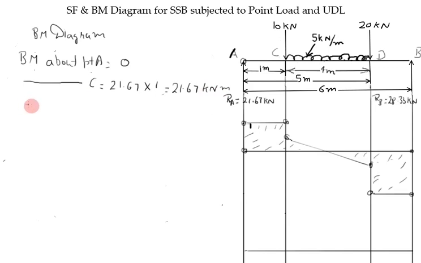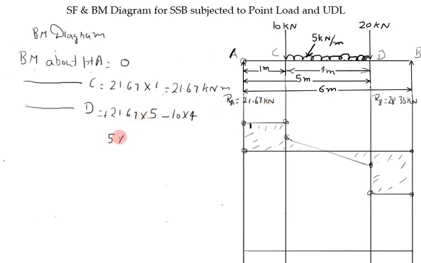Now next one is point D, bending moment about point D. On the left side of point D, first force is 21.67, which is at a distance of 5 meter, and it tends to rotate the beam in clockwise direction. Next is 10 kilonewton, at a distance of 4 meter from point D. It tends to rotate the beam in anti-clockwise direction. Next one is UDL.